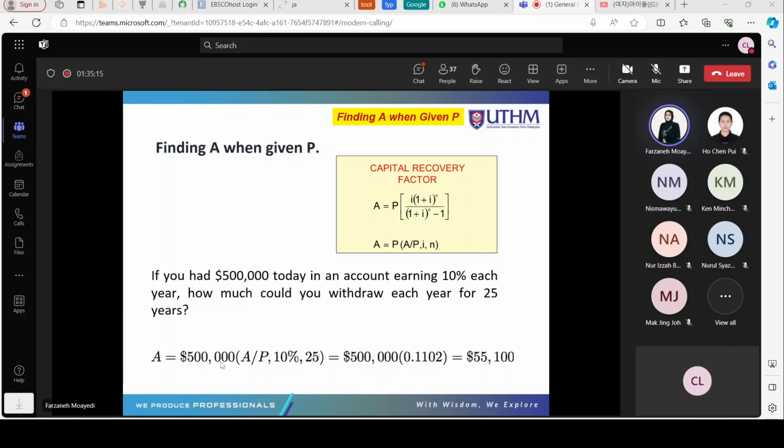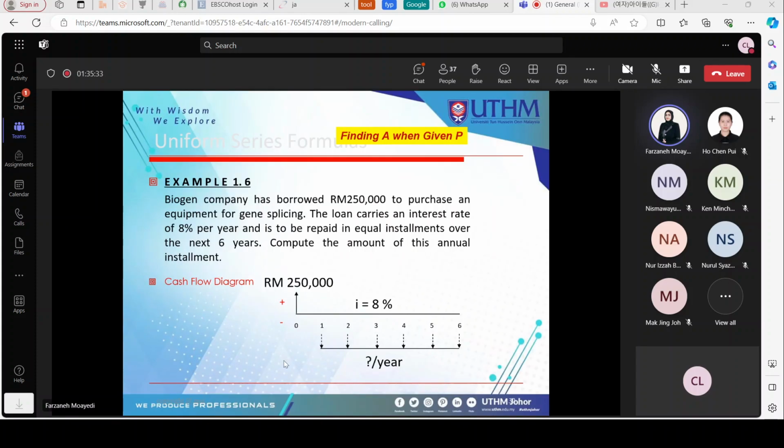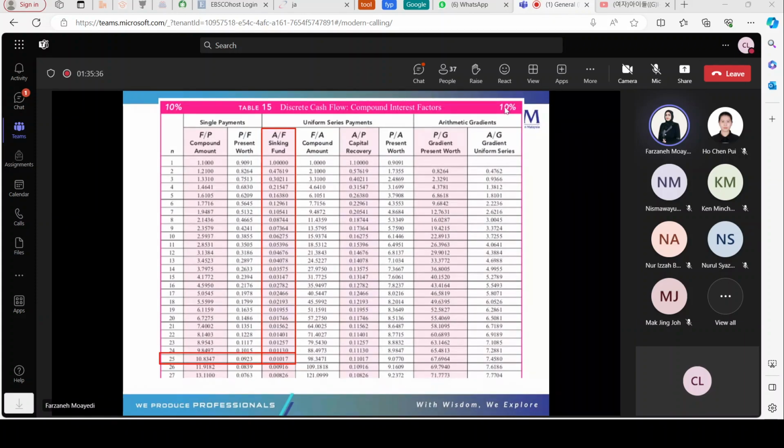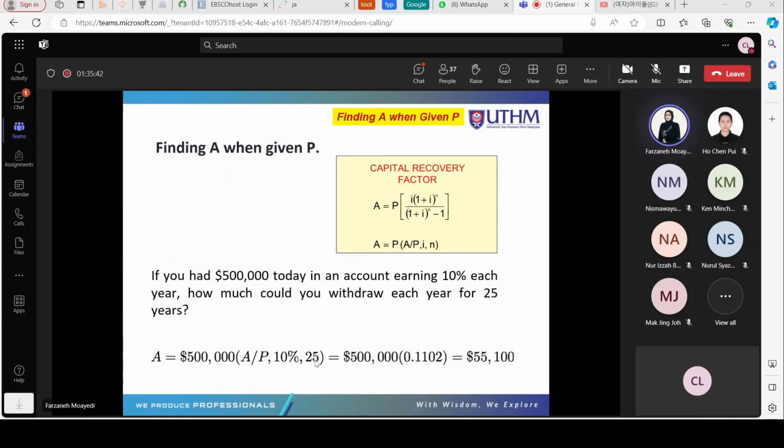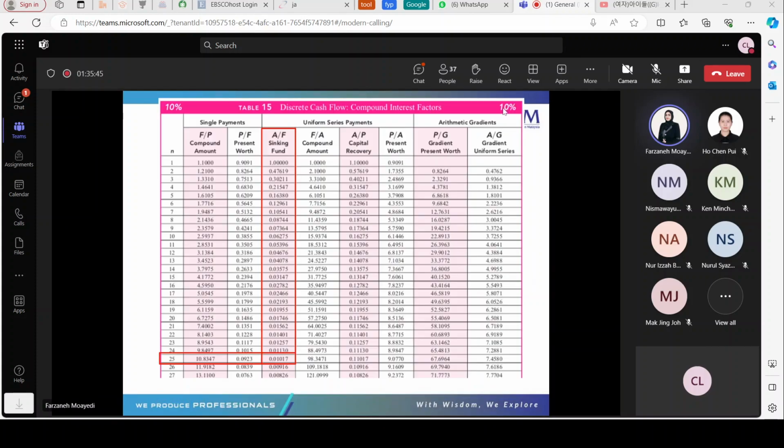So we have the 500,000, A/P, because we want to know how much we can withdraw for the present value that we have, which is the 500,000. The 10% was given to us. The duration was 25. So you'll go to the table of 10%, and the year is 25.